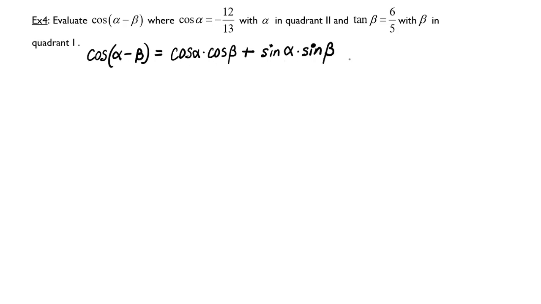That's our identity. Now we're going to sketch some triangles so we can figure out what quadrant everything is in, and we can move from there.